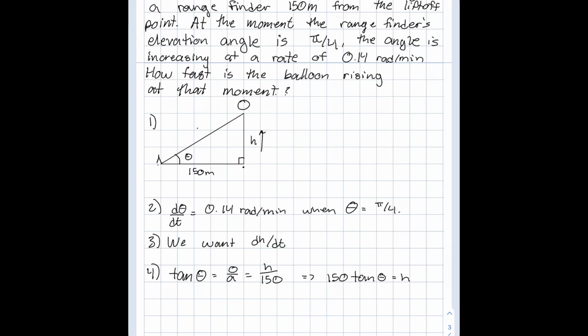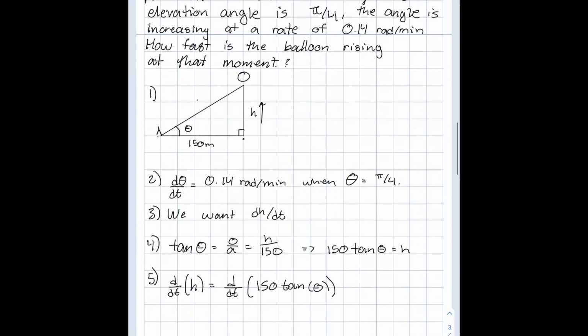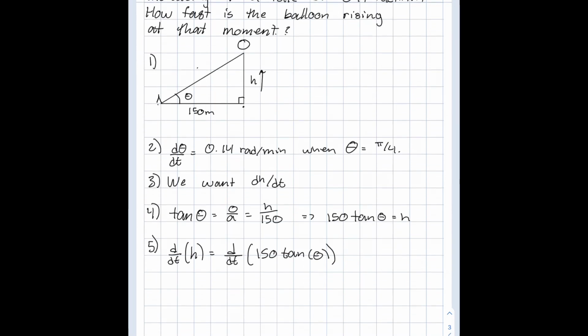So let's take the derivative. That's step 5 anyways, differentiate with respect to t. So I'm going to have d dt of h equal to d dt of 150 tangent of theta. And we're assuming that theta is differentiable with respect to t.